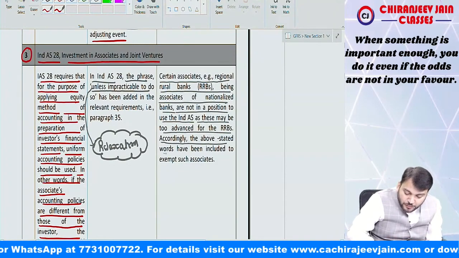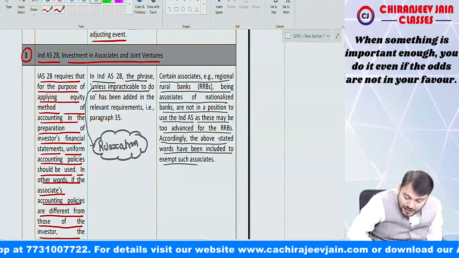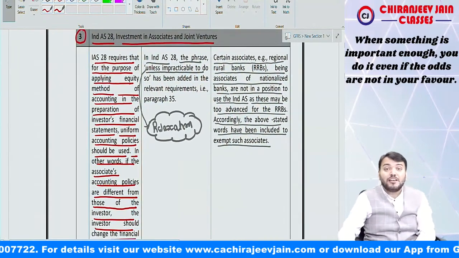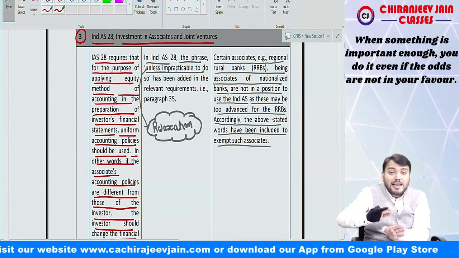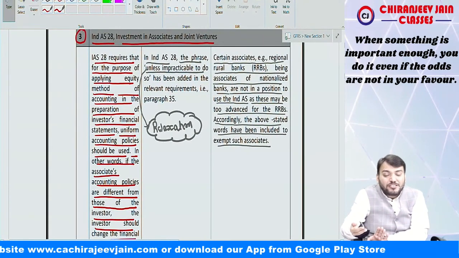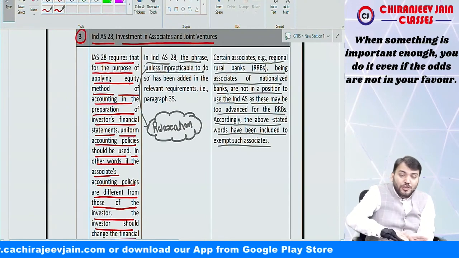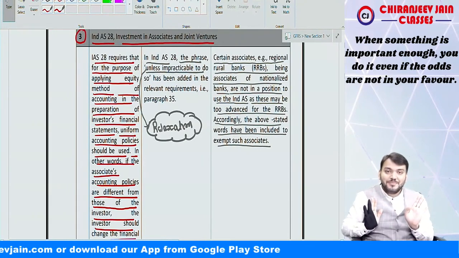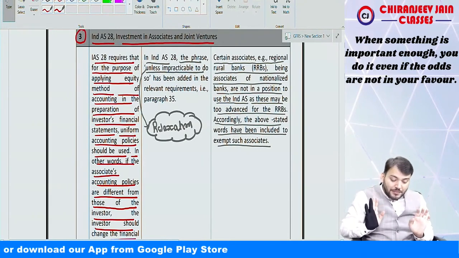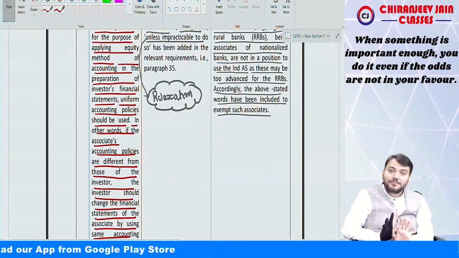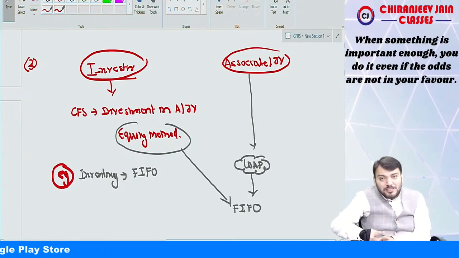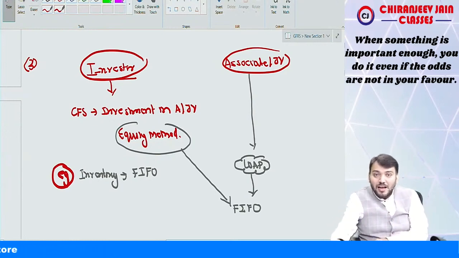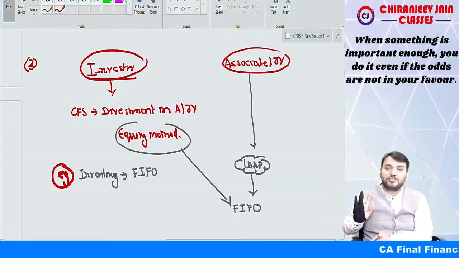Accordingly, the above stated words have been included to exempt such associates. To exempt such associates means such associates are exempted from preparing financial statements based on the accounting policies of the investor. I hope you have understood this point. Correct? Means the equity method needs to be applied in that situation also, but without preparing the financial statements of the associate based on the accounting policies of the investor.